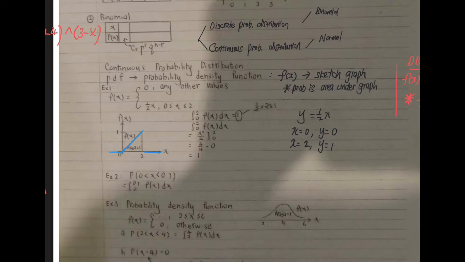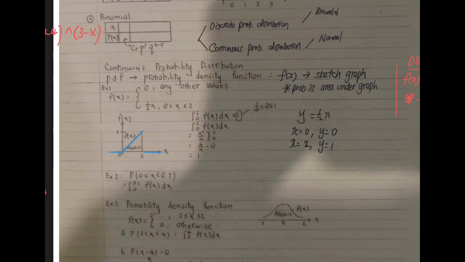And then after that, you see probability is area under the graph. That's why they do integration. They integrate, let's say this is just explanation only. It depends on what probability we are finding.